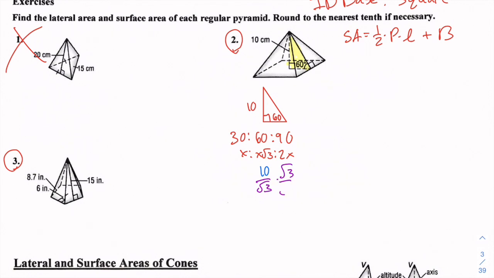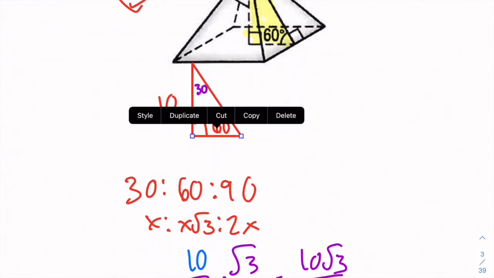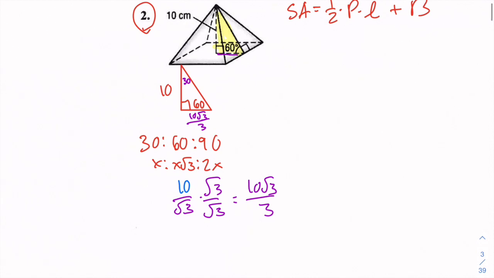This is where you gotta rationalize the denominator. 10 radical 3 over 3. And that right there is gonna be, I'm just gonna move it to get more room. Right here, 10 radical 3 over 3, okay? Boom, right there.